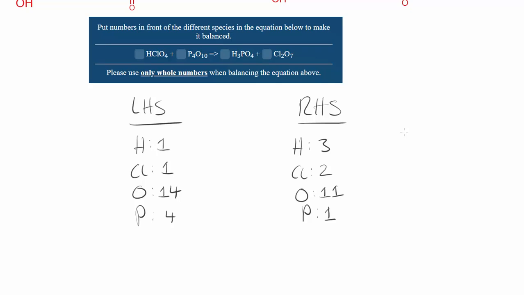If I add a coefficient of 4 on the phosphoric acid, we would in effect get 4 phosphorus. So I'm going to try that and see where that gets me, right?